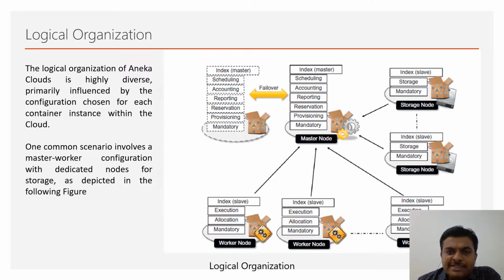All these perform different roles on the master node. For that master node, we have several other nodes called storage nodes and worker nodes. For actual data storage, we use the storage node. There are n number of storage nodes based on our infrastructure organization.